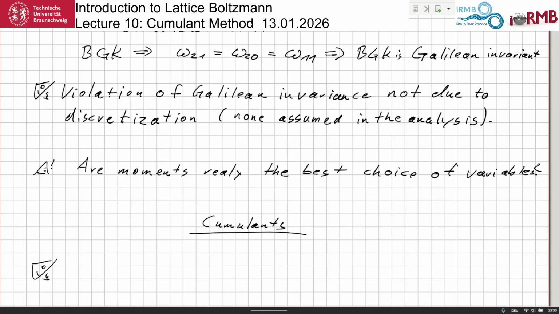Because if two things change together, they would usually behave on the same time scale, right? So then it makes sense to give them the same time, which you can do with MRT by identifying, at the end of the day, if you want to have it Galilean invariant, only one relaxation rate.